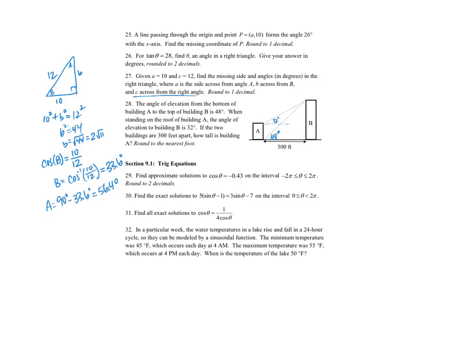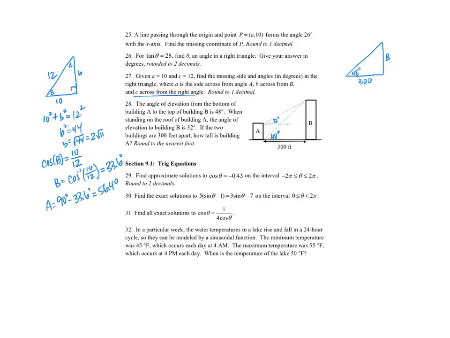The first thing I could do is find the height of building B by using this triangle. I know I have 300, so I'm just going to write it over here, 300. This is the height of building B, and this is 48 degrees.